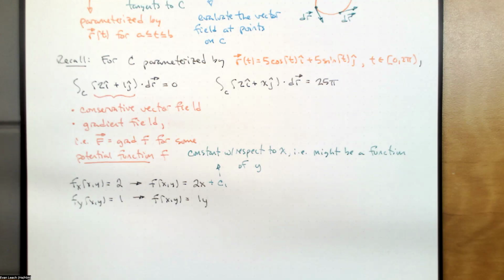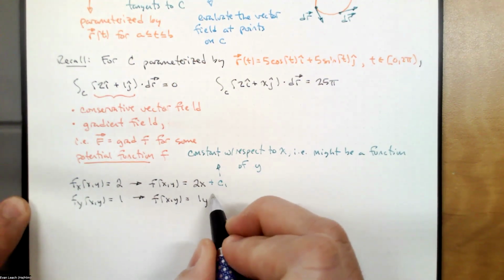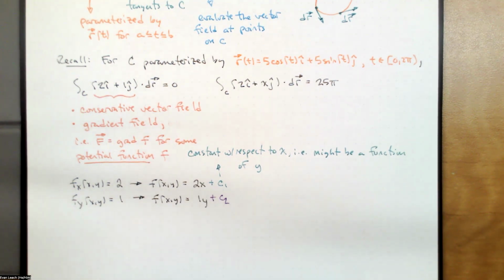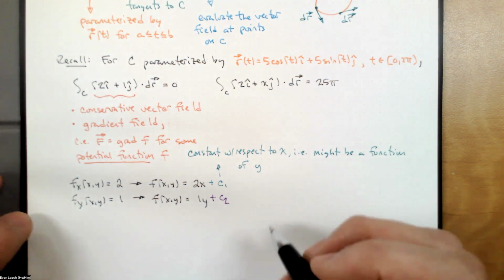And given the two partial derivatives, that next line saying f of x should look like 1y, we can figure out what that function of y should look like. In the second line, we get f at x, y is 1y plus some constant of integration. That constant of integration is constant with respect to y, which means it might be a function of x.